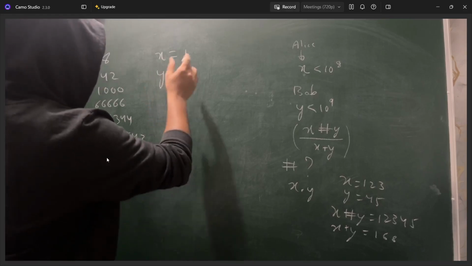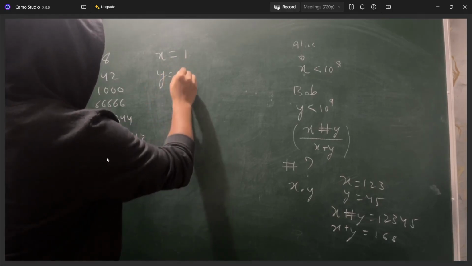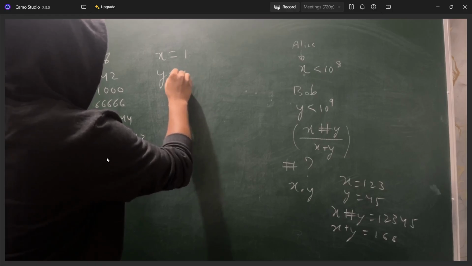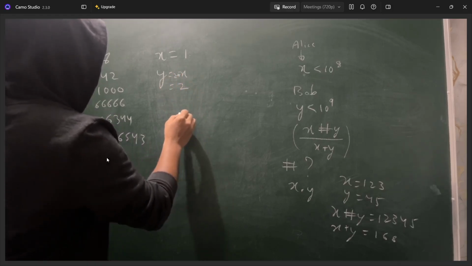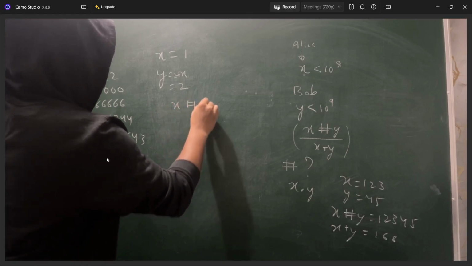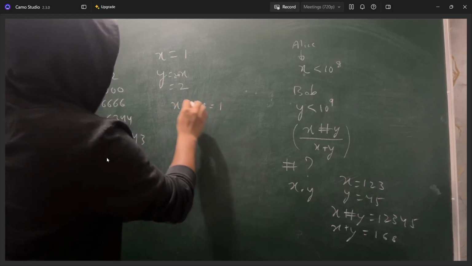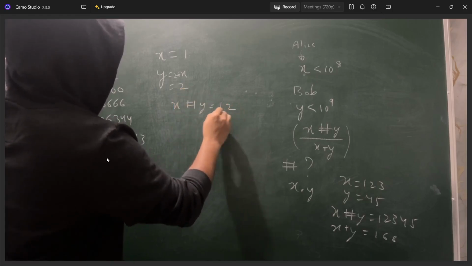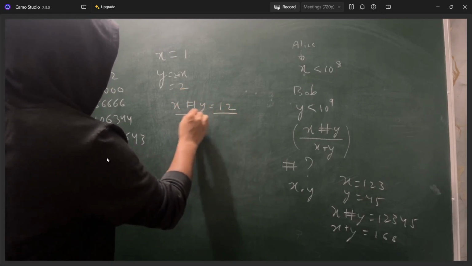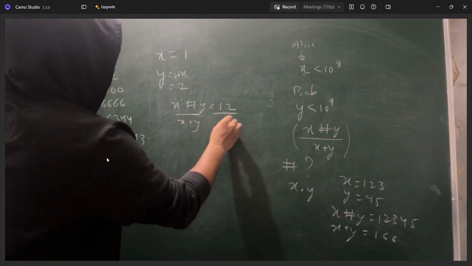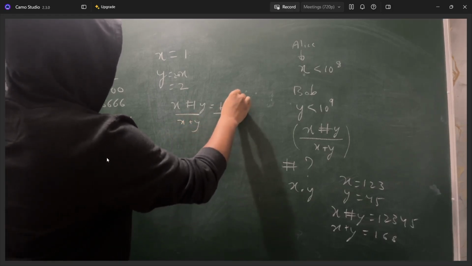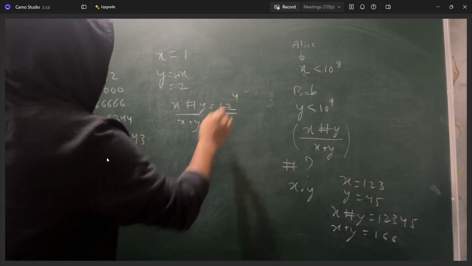So I tried to multiply it by 2. So when I multiplied 2 into x, y is equal to 2 into x, we got 2. So x hash y is basically 1 and 2, and divided by x plus y, which is 3. So this will always be divisible, like 3 ones are 3, 3 twos are 6.